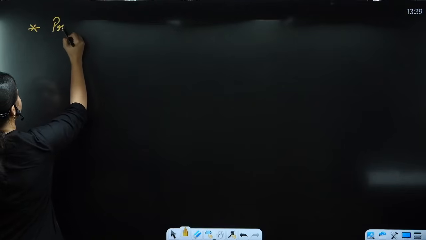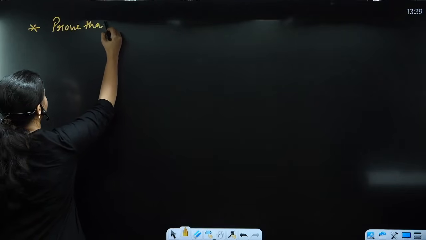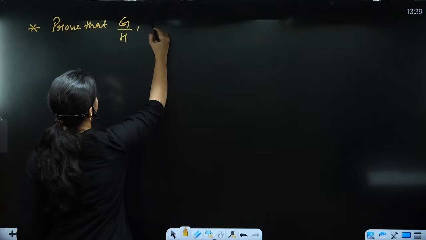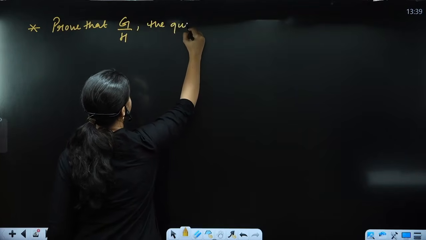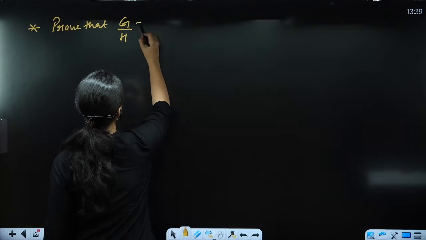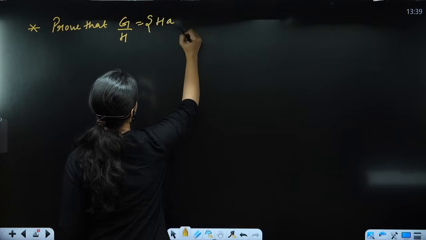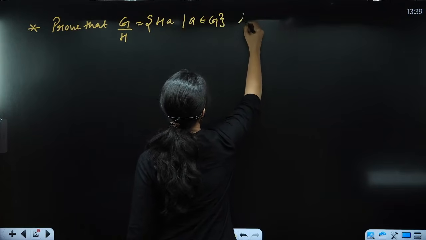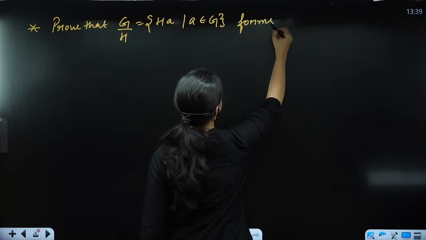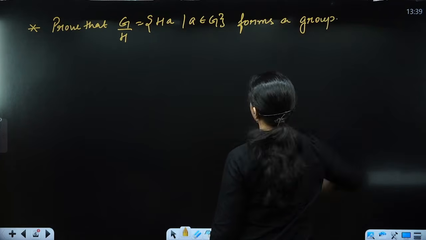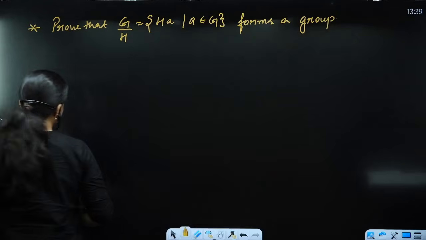Prove that G by H, the quotient group, G/H equals {HA, where A belongs to G}, forms a group, right?